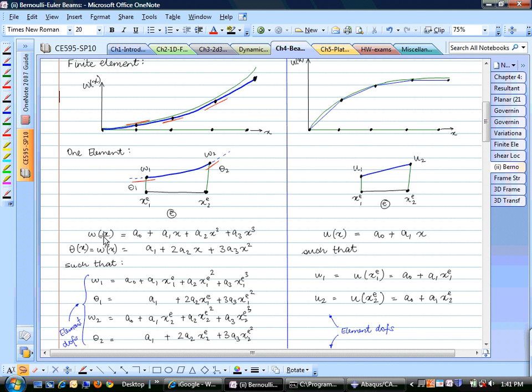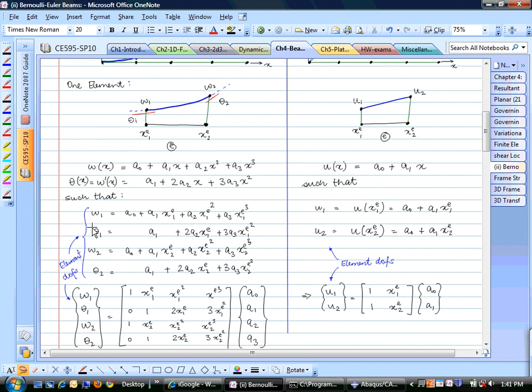So using these two relationships, you can calculate what would be the displacement at this node and the rotation at this node, and the displacement at this node and the rotation at this node. So essentially that's what I have here. W1, theta 1, W2, theta 2, where theta 1 and theta 2 are nothing but W prime. So you get 4 equations, and you have 4 unknowns, which are A0, A1, A2, A3.